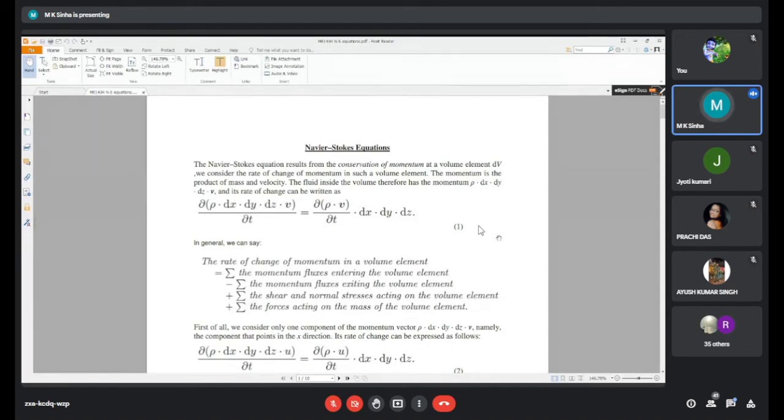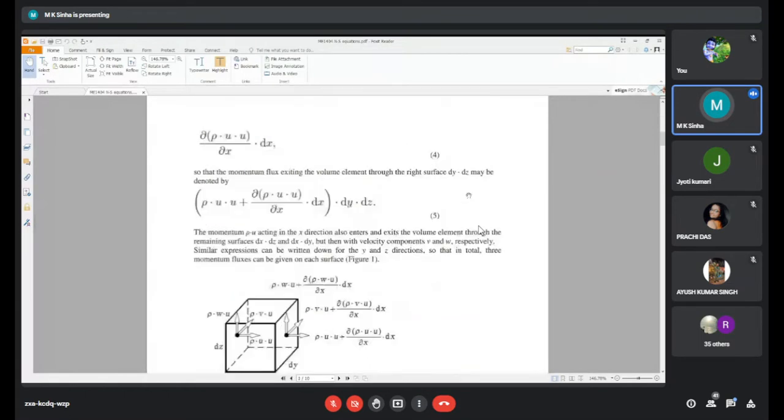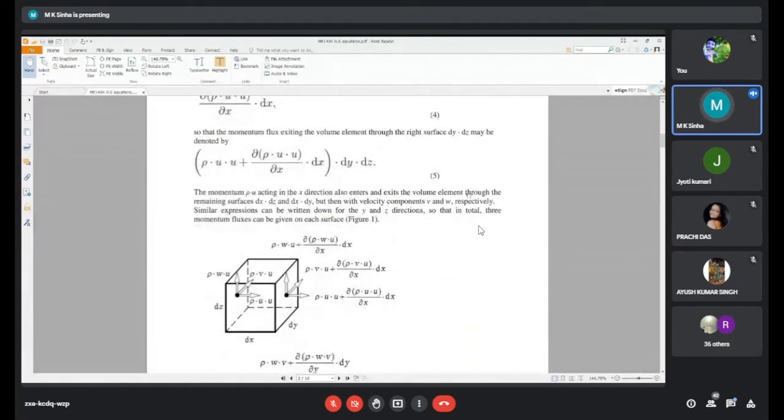Here, as I told you, density is mass per unit volume, so mass is density times volume. This is our control volume, whose lengths are dx, dy, dz.